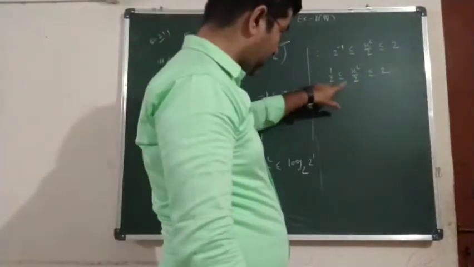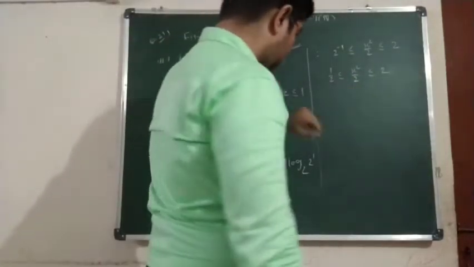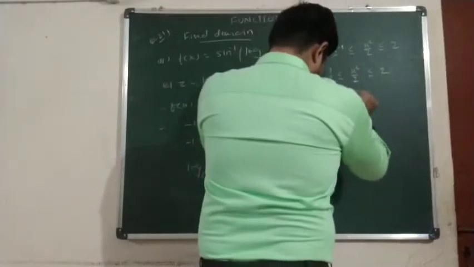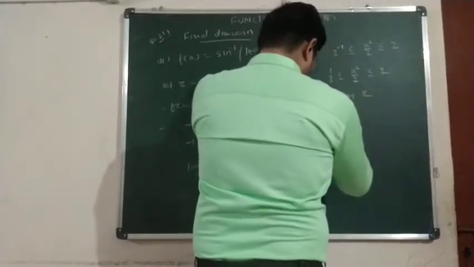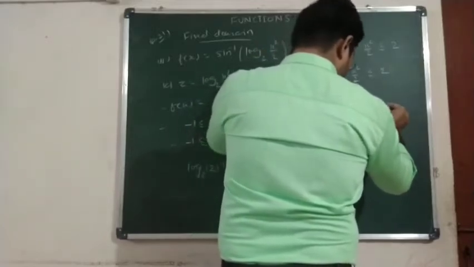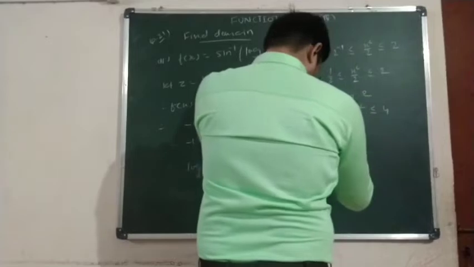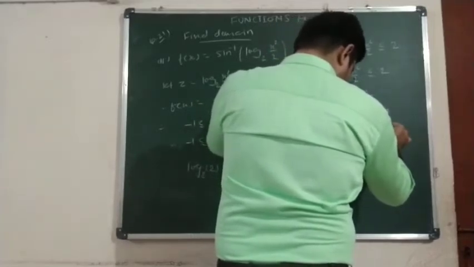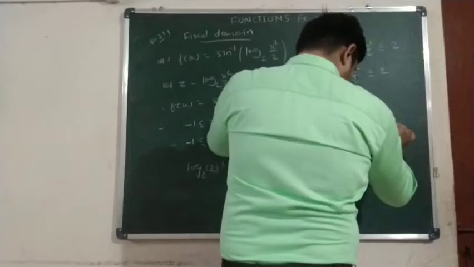Okay, so let us remove this 2 in the denominator, so multiplying by 2, and therefore 1 is less than or equal to x square is less than or equal to 4, and therefore 1 is less than or equal to modulus of x is less than or equal to 2.